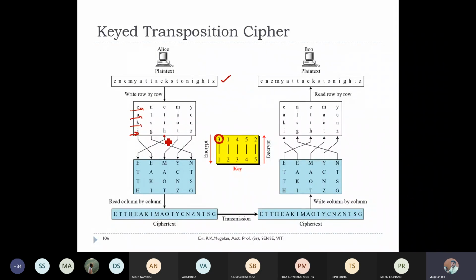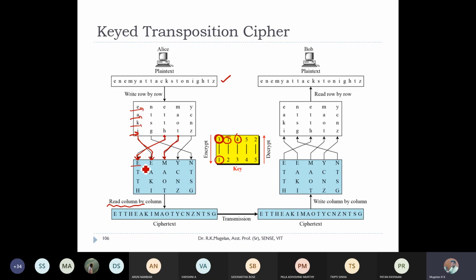The third column is taken and placed in the first column, and the first column is taken and placed in the second column. The fourth is taken and placed in the third, and so on. After they shuffled the columns, they started reading it column-wise.